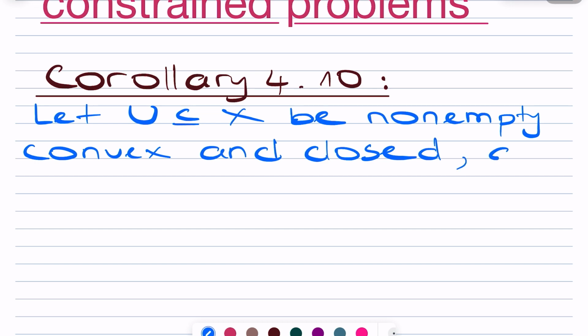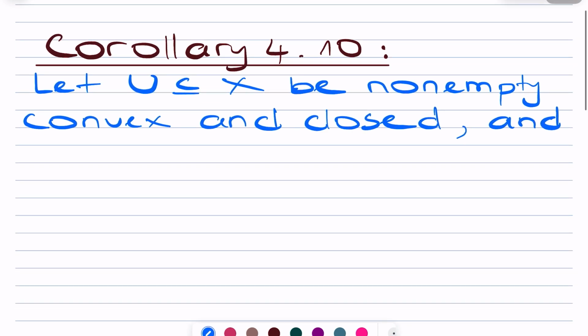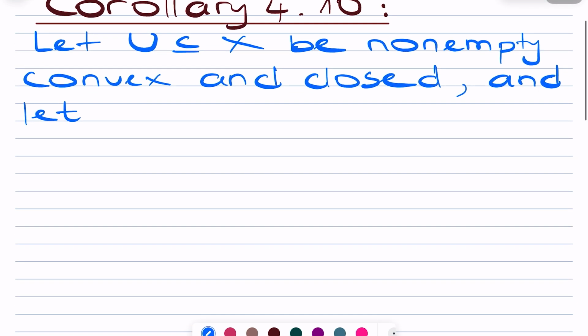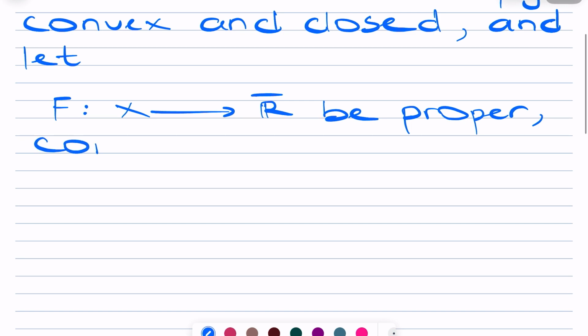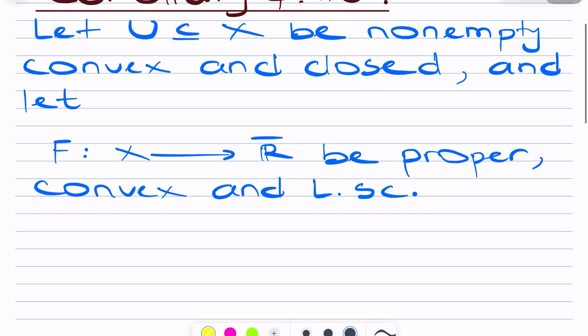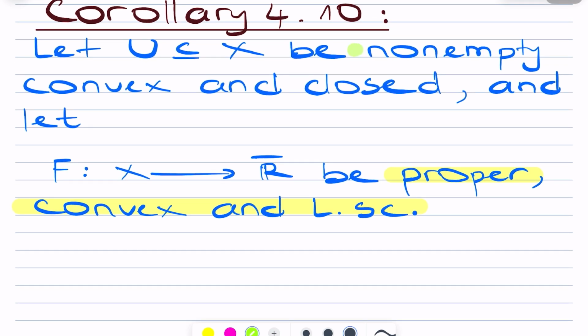And let F be a function defined from X into the completion of R, proper, convex, and lower semicontinuous. Let me just highlight the assumptions that we have on F: properness, convexity, and lower semicontinuity. And we need our set U to be non-empty, convex, and closed.